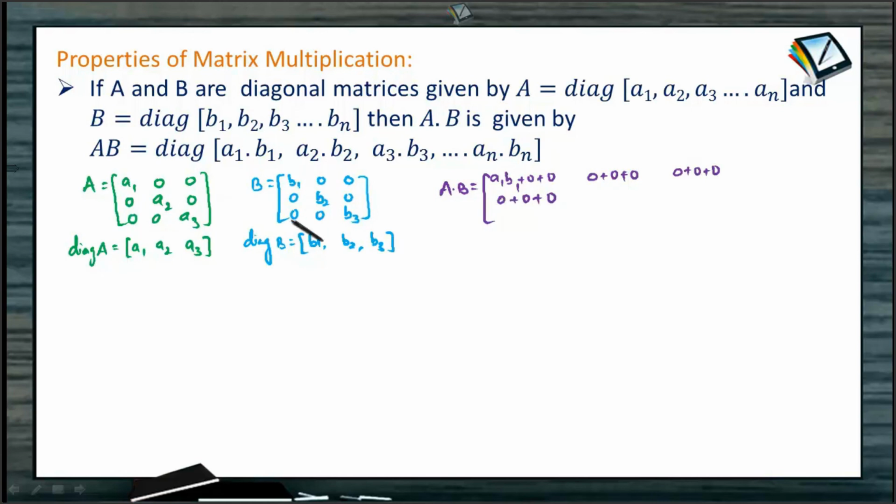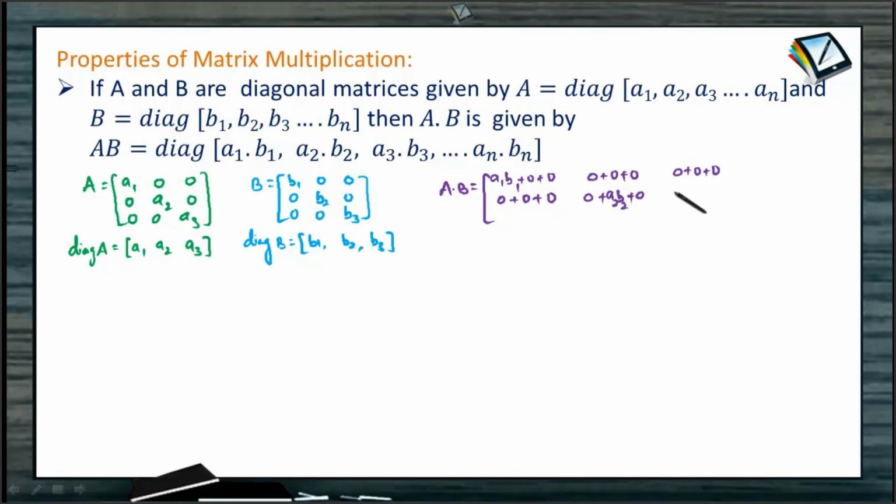The product of the second row with the first column, and the second row with the second column would be 0 with 0, but A2 into B2 here, with 0 into 0 that would be 0.